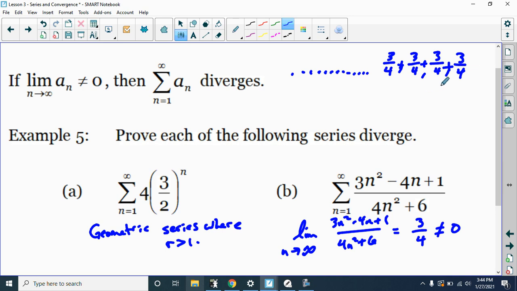So the sum is going to get infinitely large because I keep adding something on. The only way that it would not do that is if these terms down here are getting infinitely close to 0. So something close to 0 plus about 0 plus about 0. As long as these values are getting infinitely close to 0, then it could converge. It isn't guaranteed to. But if it goes to anything other than 0, then it diverges.